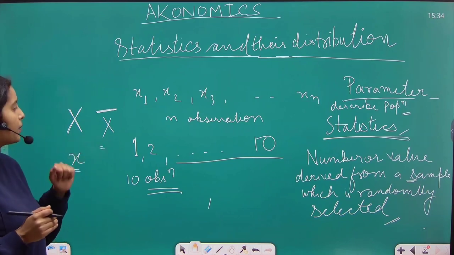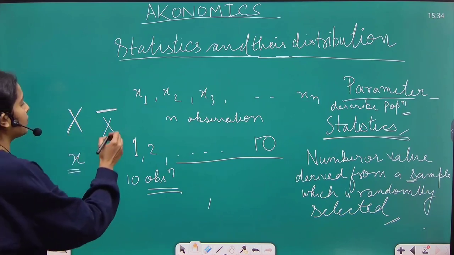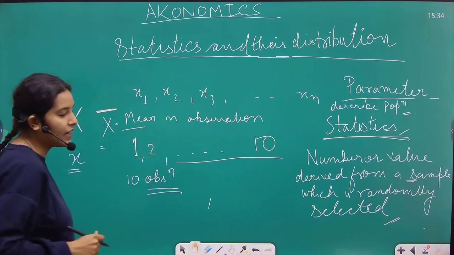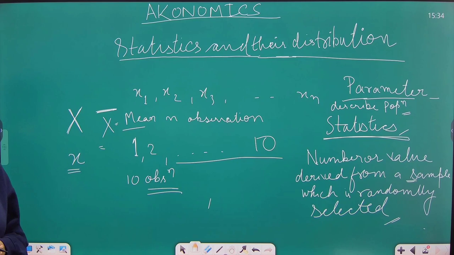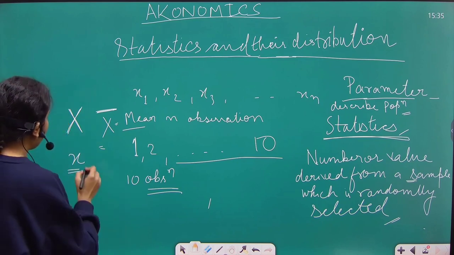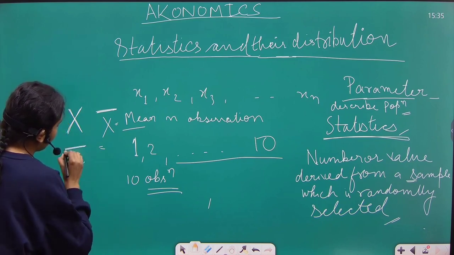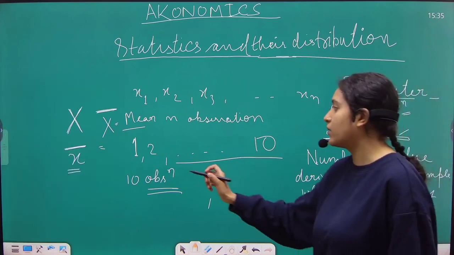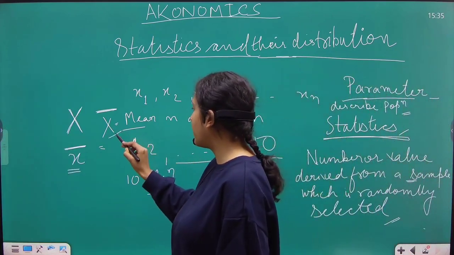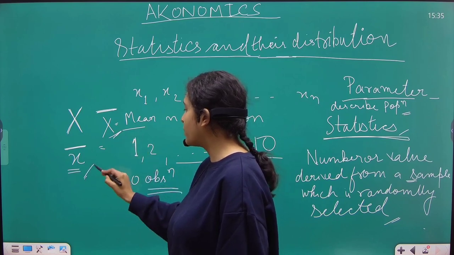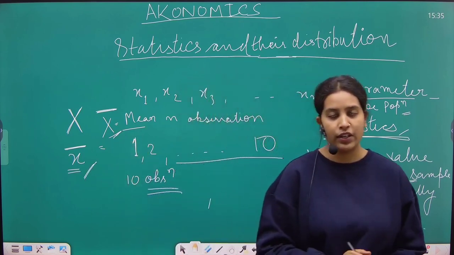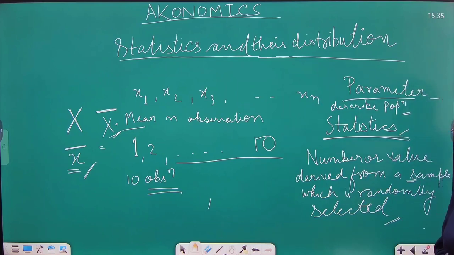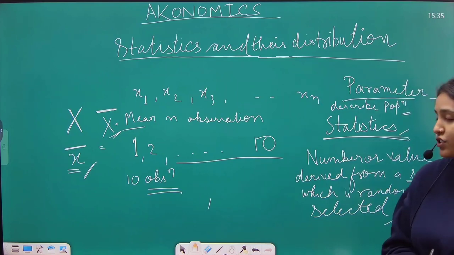But after we have selected the sample and calculated the mean, then we will denote that mean by lowercase x bar, because this is the expected value and this is the observed value which we have already calculated, so now it will be expressed in lowercase. Next is the probability distribution.